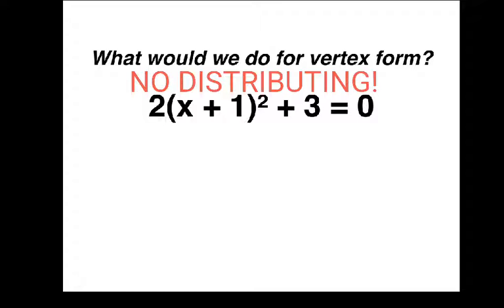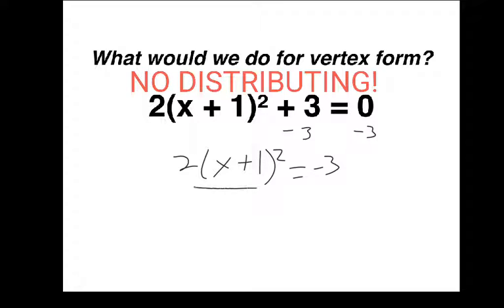First, we're just going to think about this very concisely and algebraically. I'm going to subtract 3 from both sides. Now, fair warning, this answer is going to be ugly. I get 2 times the quantity x plus 1 squared equals -3. And now, you're going to want to distribute again, and I must yell at you, stop, no distributing.